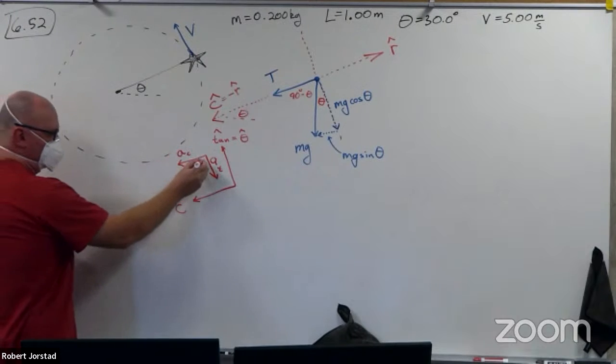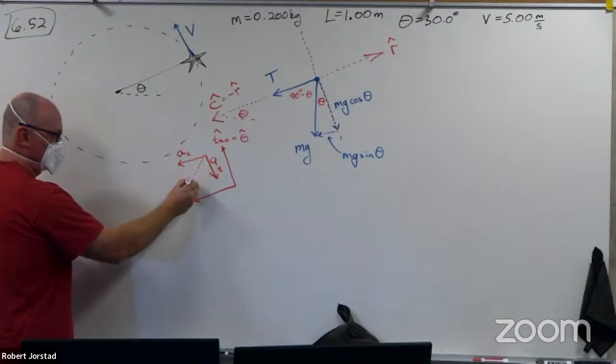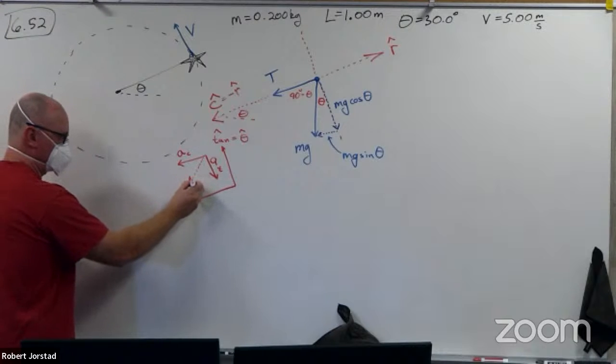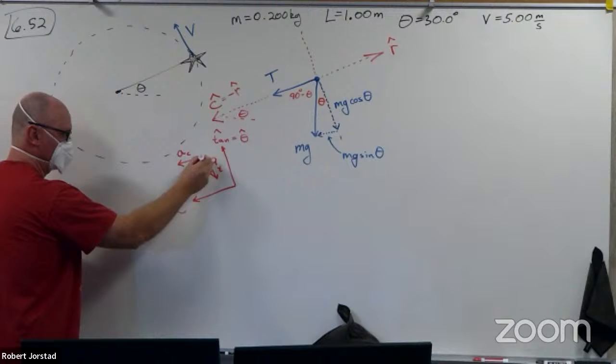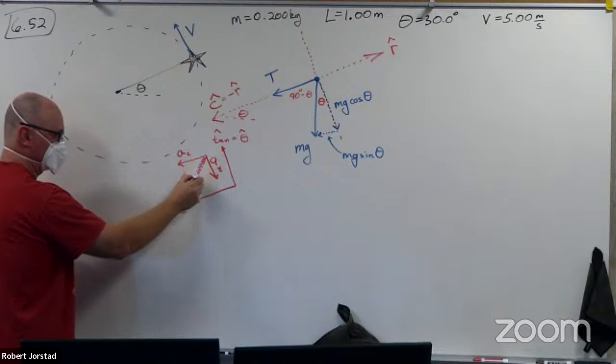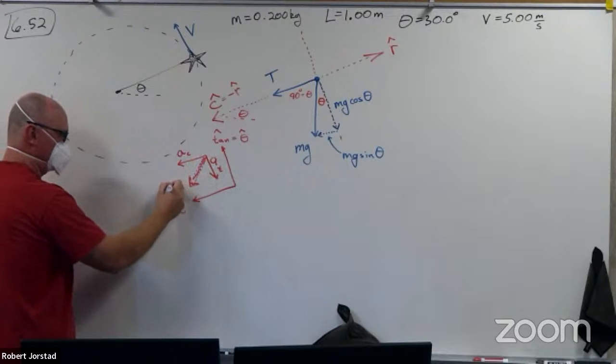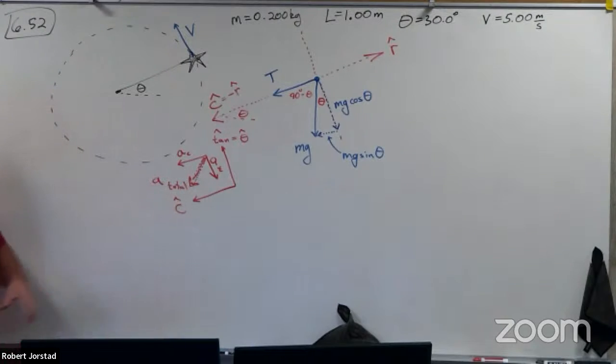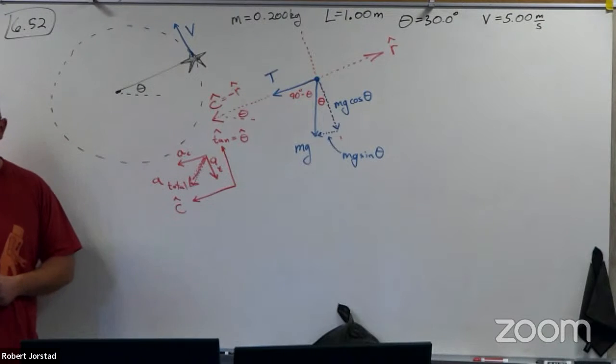So the net effect is something like this. So this is a total. The total acceleration will have two components when we're in a vertical circle. So far, so good?